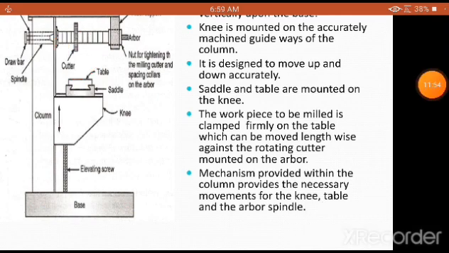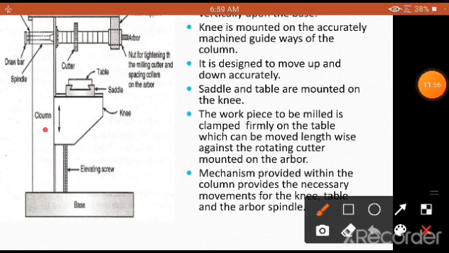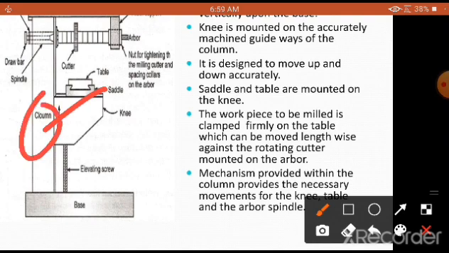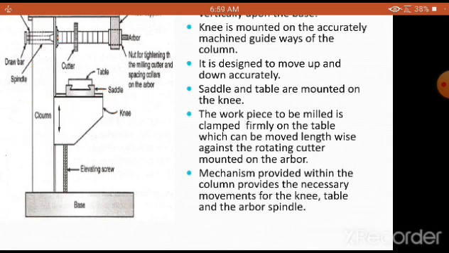As we are going to see, this is a column. This is basically hollow in structure. This hollow structure is provided with the mechanisms for providing the movement to the knee, and also to provide the rotating speed for the spindle or the arbor or the milling cutter. So this mechanism is already present within the column of a milling machine.